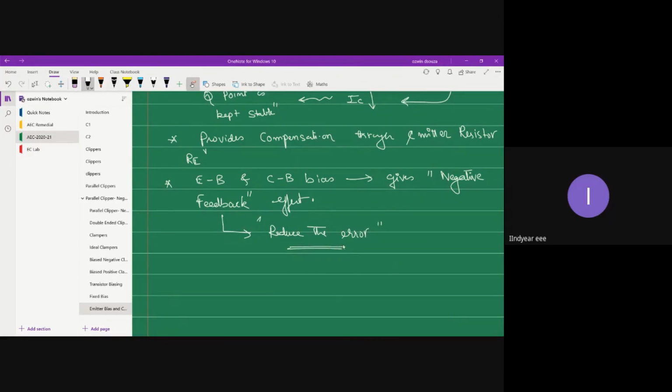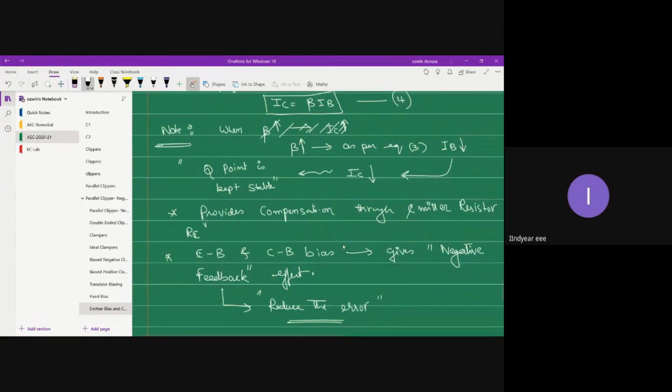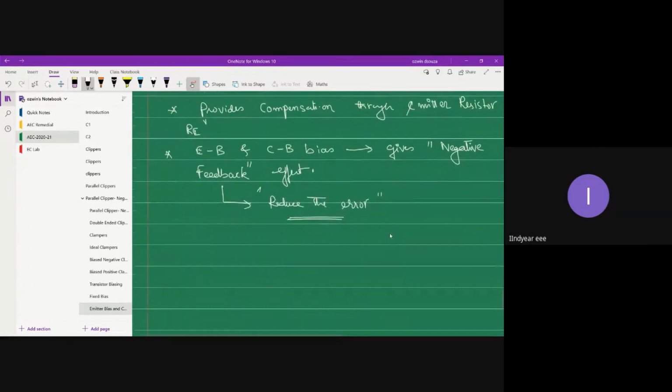Here the error is the changes in the collector current. It tries to bring back the collector current to its original value. So in that sense, you can call it a negative feedback effect. This is very important for viva as well as for short modes.